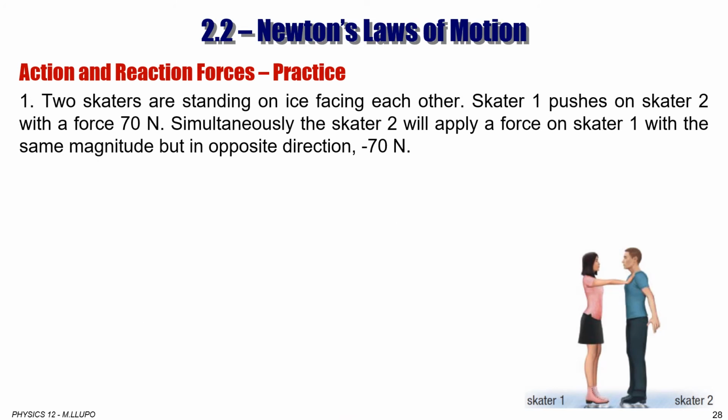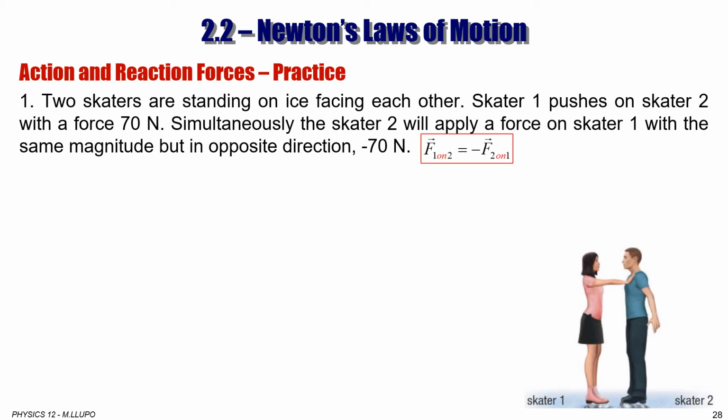Here is a practice problem involving action and reaction forces. Two skaters are standing on ice facing each other. Skater 1 pushes on skater 2 with a force of 70 Newton. Simultaneously, skater 2 will apply a force on skater 1 with the same magnitude but in the opposite direction, minus 70 Newton.